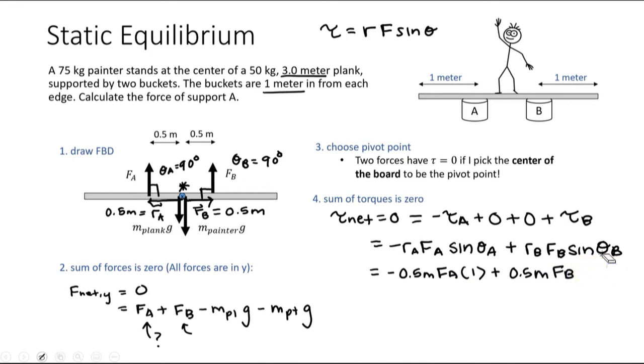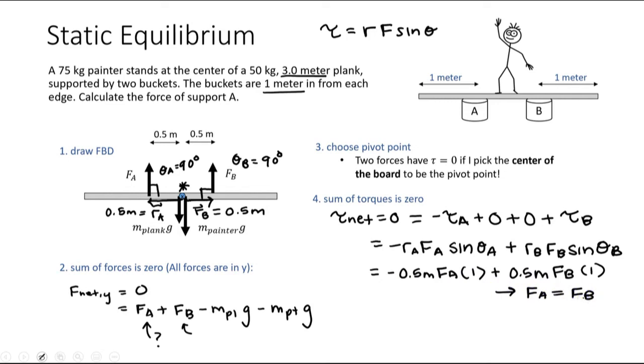So let's go ahead and just put in 1 here. All right, and so those two terms added together must equal 0. Let's go ahead and add 0.5 meters times FA to both sides of our equation. We would get 0.5 meters times FA is equal to 0.5 meters times FB. The 0.5 meters cancel, and we're left with FA is exactly equal to FB.